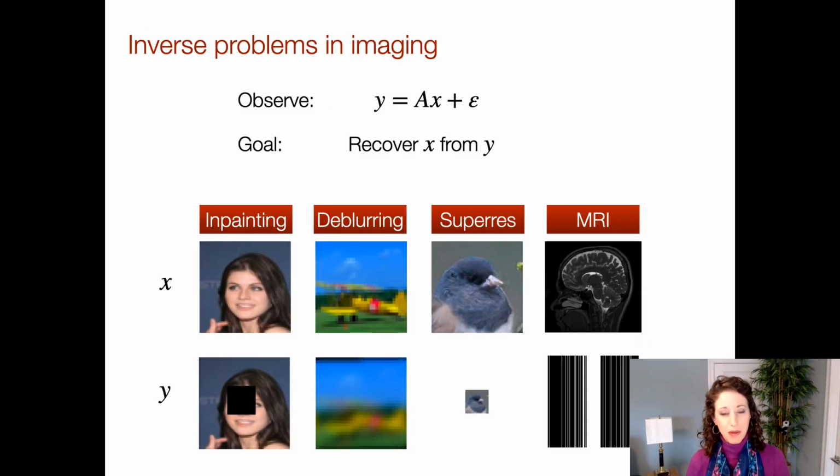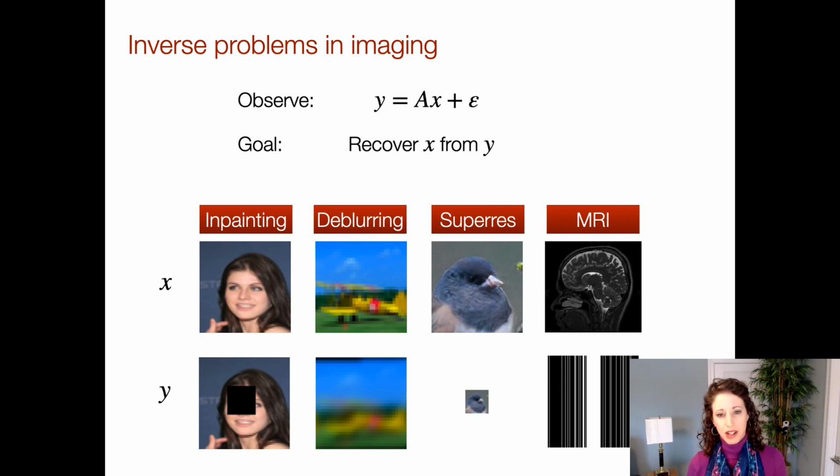The basic problem that we'll be talking about today concerns inverse problems of imaging of the general form y equals Ax plus epsilon. So in this context, x would be the image of interest, the thing that we'd like to be able to reconstruct.